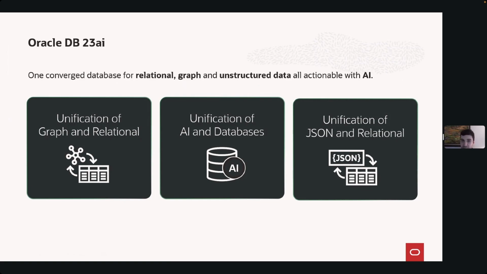You can run pretty much all ONNX models at this point. Besides relational and graph, we also support more unstructured data with JSON. In the future, we're aiming at integrating more capabilities so that everything can be done in the Oracle database.